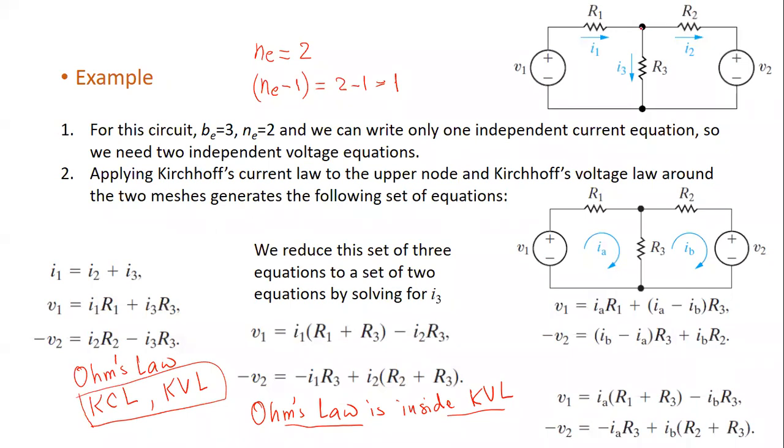And if you write KCL to the upper node, what will be KCL to the upper node? And I'm reminding you that the current entering the node will be negative, the current leaving the node will be positive. So what will be the KCL to the upper node?